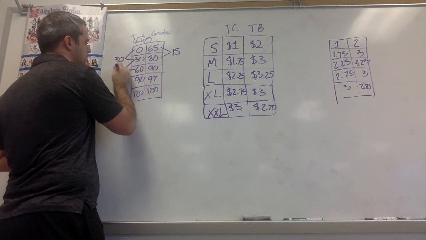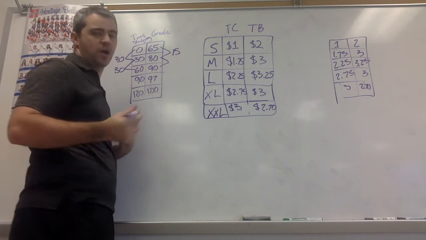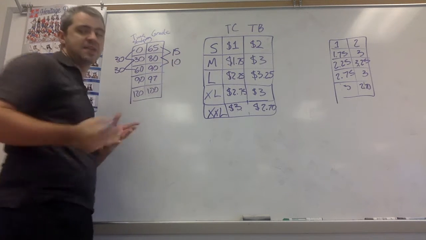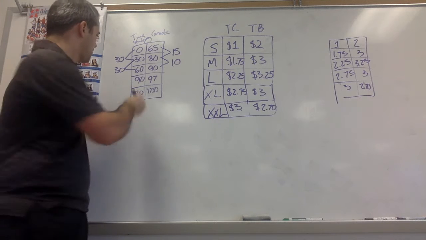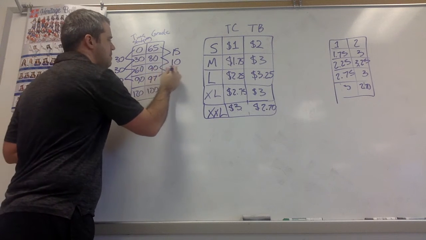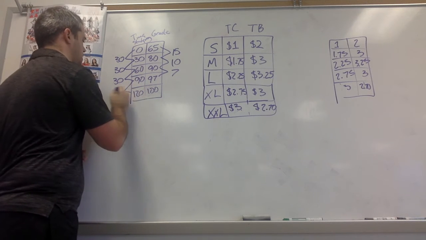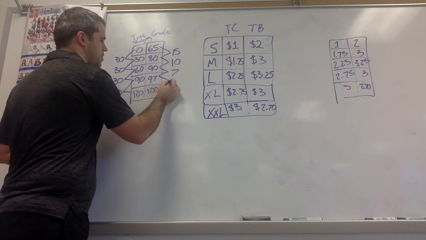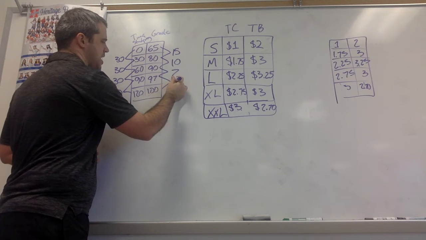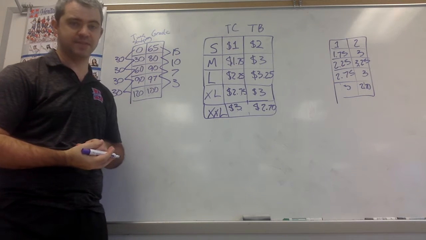Well, my marginal cost is 30 more minutes, but this time I only get 10 more points. Okay, 30 more minutes is my marginal cost, and now my marginal benefit is 7 points. 30 minutes is my marginal cost, and my marginal benefit is 3 points on the test.